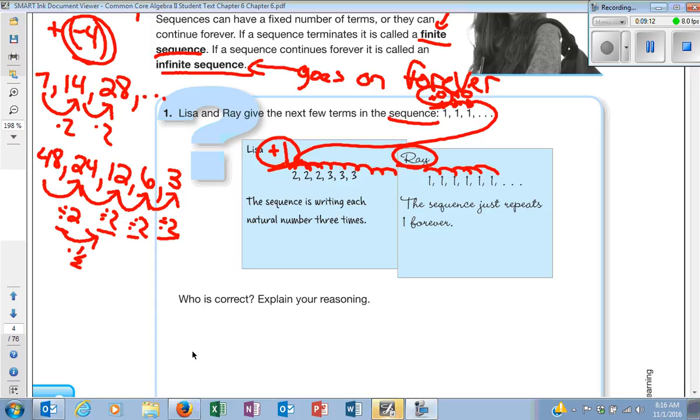No, because it changed what she was adding. You have to stay consistent throughout the entire thing. Plus 2, plus 2, plus 2, plus 2, plus 2, plus 2, and keep on going. It can never change. If it changes, it's not a sequence. Does that make sense?